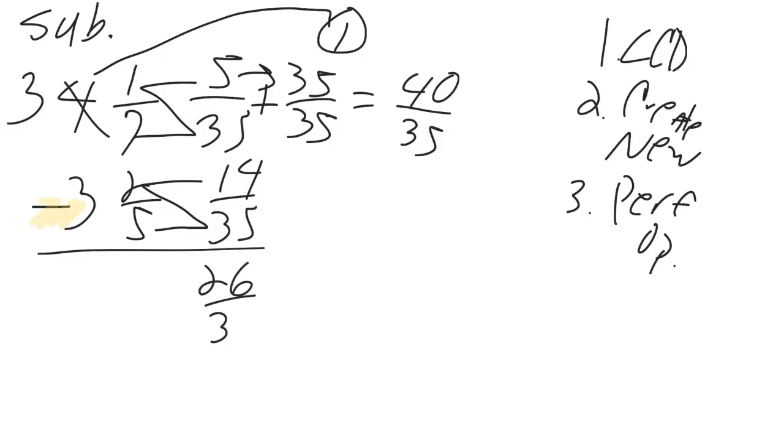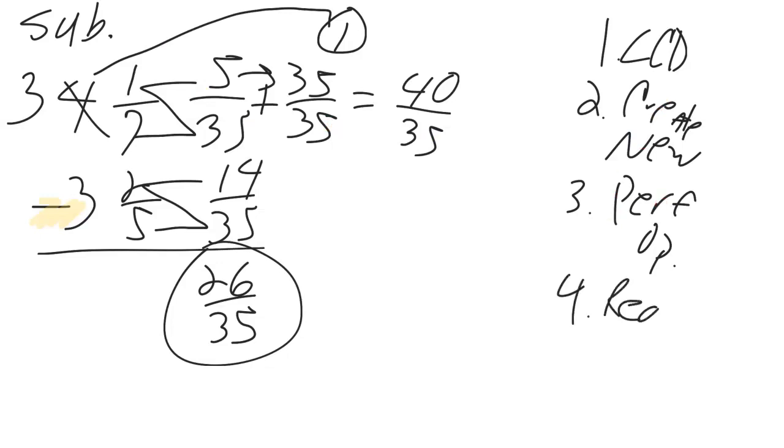So the answer there would be 26 35ths. So again, now you see these same 4 steps, and then of course step 4 is reducing or simplifying, and there is no reducing or simplifying to do here. So in that case, we just leave it 26 35.